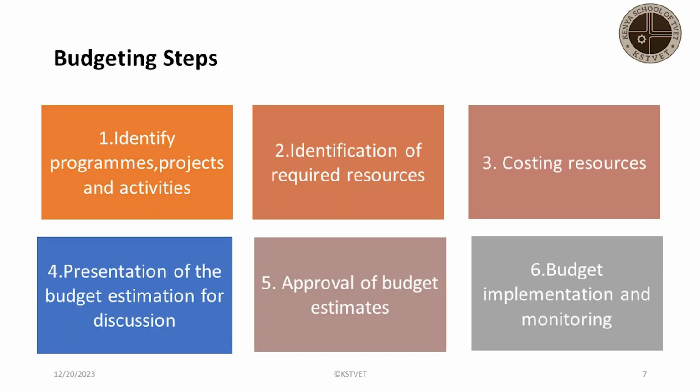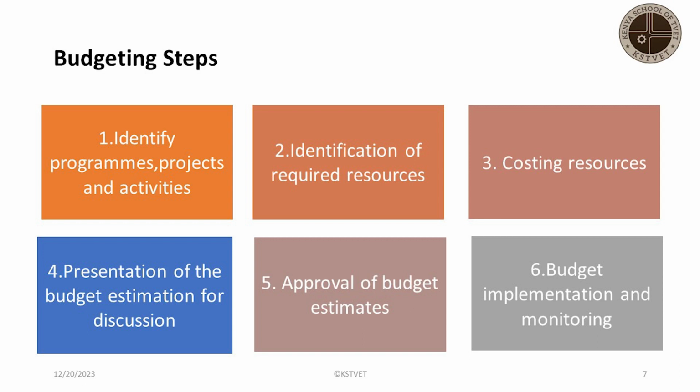Budgeting involves a systematic process that comprises the following steps. Step 1. Identification of programs and projects to be accomplished during the budget period. Step 2. Identification of resources required, for instance, manpower, materials, money.